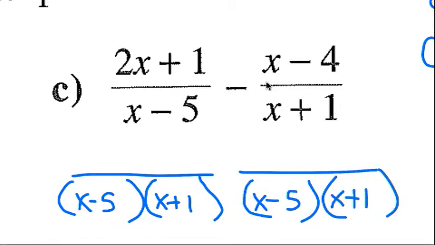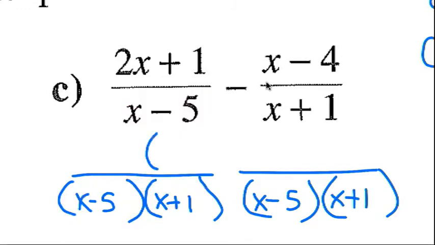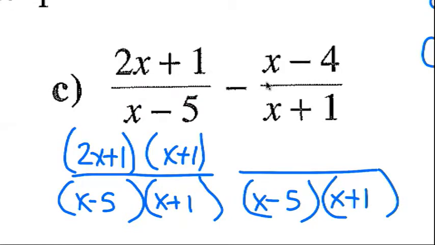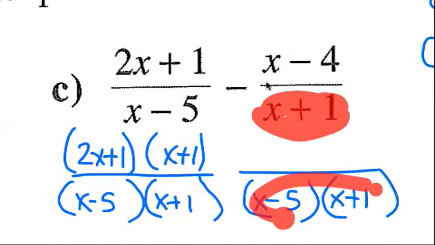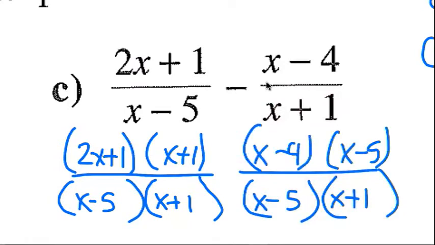What did I multiply this by to get this? I multiplied by x plus 1. 2x plus 1 was already there. What do I multiply this by to get this? x minus 5. x minus 4 was already there, with a minus sign.